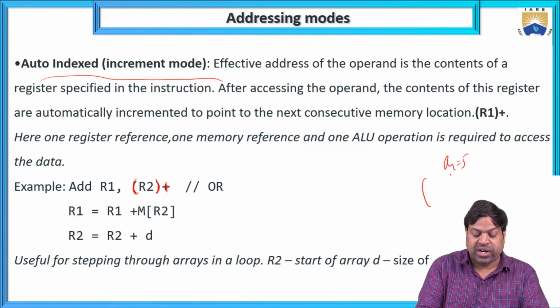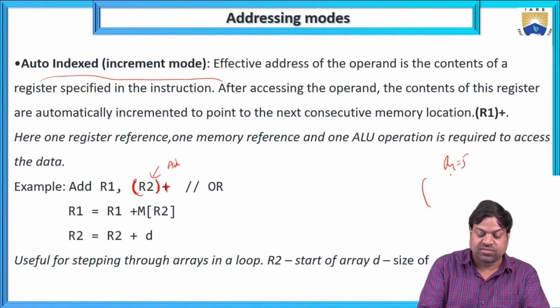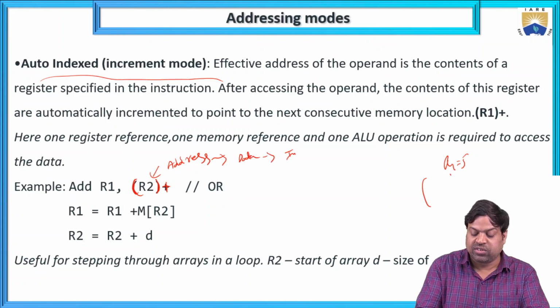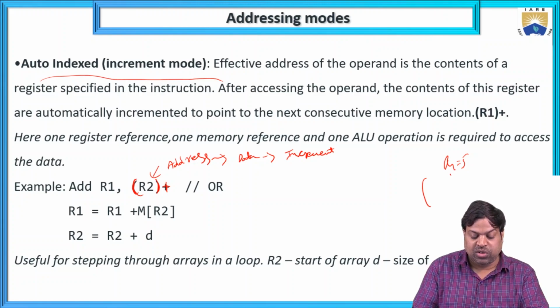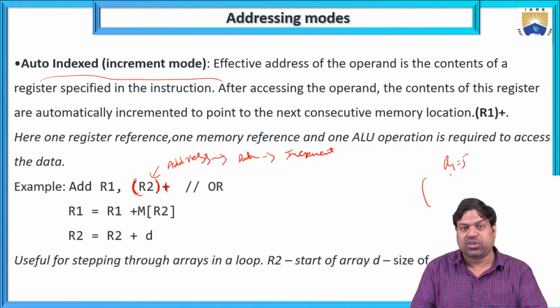R2 in the bracket means I'm defining the address, not the data. I'm defining only the address. Go to this address, take the data and increment the value. R1 = R1 + M[R2].